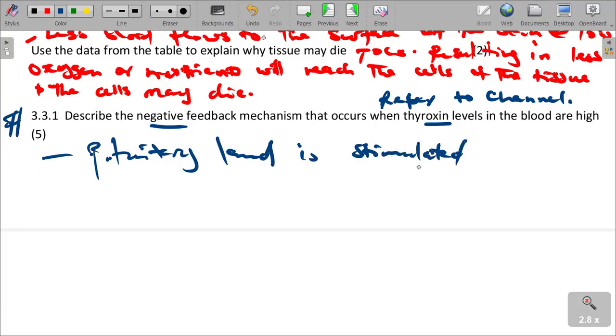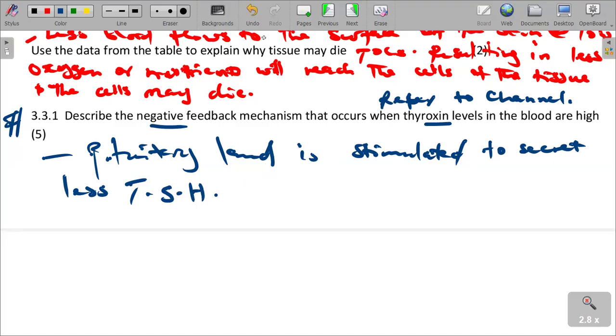The pituitary gland is stimulated to secrete less thyroid stimulating hormone, TSH.